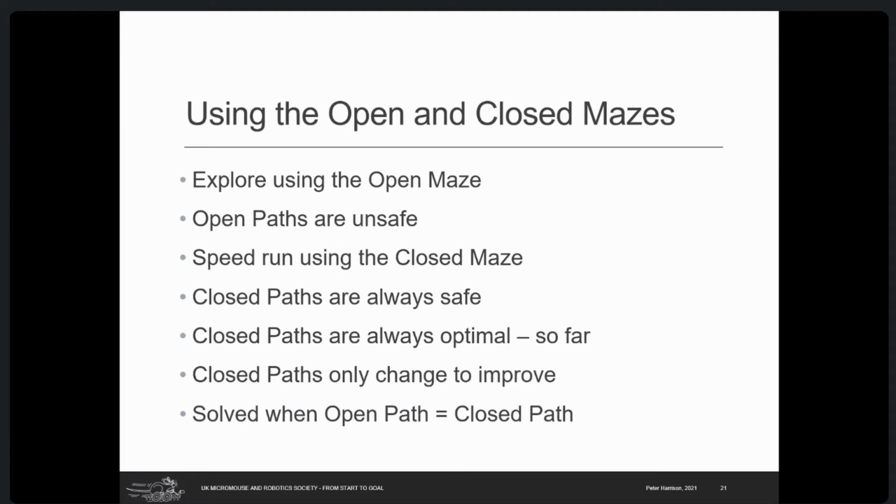Also, closed paths will improve over time as you do more exploration, and so at any given time during your searching of the maze, the path through the closed maze is optimal up to that minute, and improves as you carry on. And when they're the same, the whole thing is done.